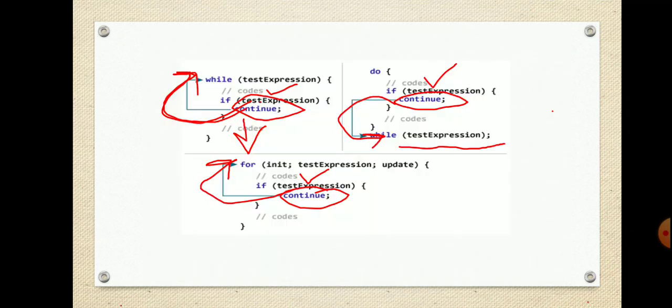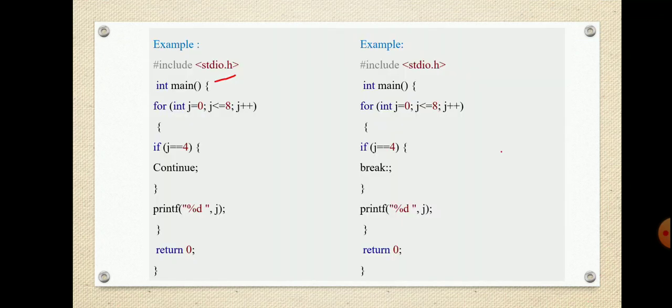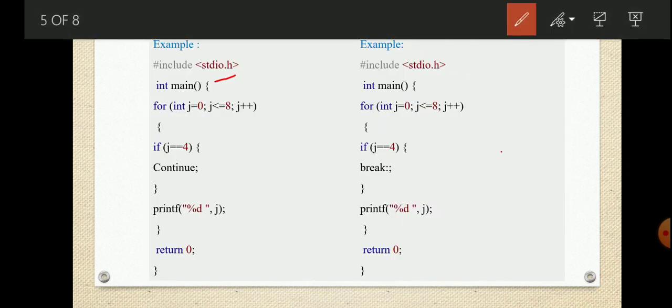If condition j equals 4, and if j equals 4, then we are encountering a break statement, and the break statement will execute. Otherwise it will execute printf %d of j, means it will simply print the j value. So percentage d we are using for integer, you already know.